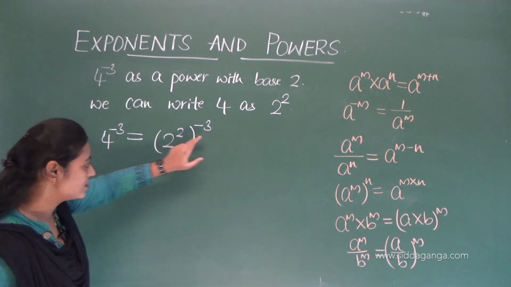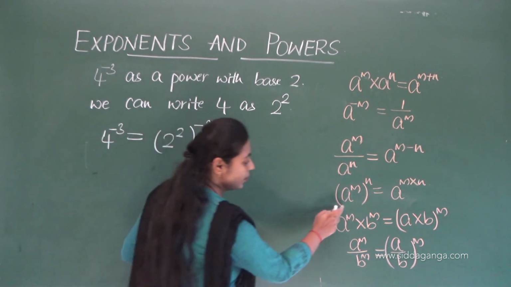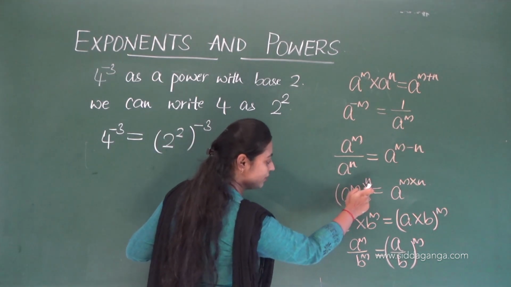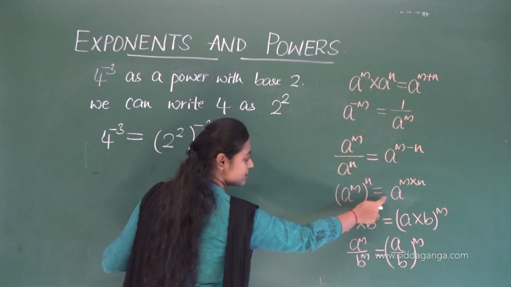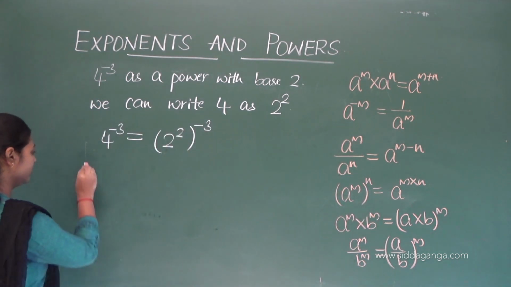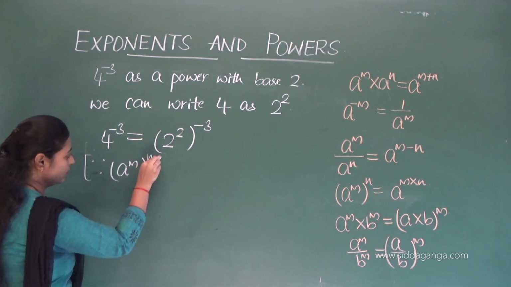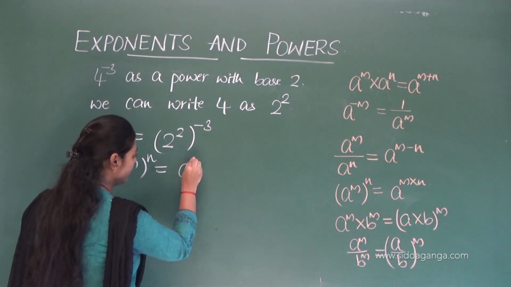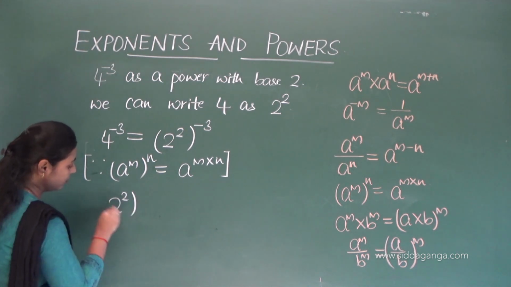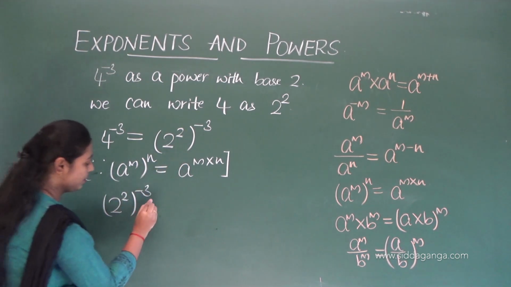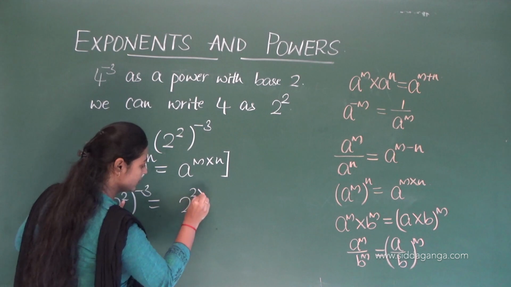The exponent is -3, so -3. We have represented 4 as 2 into 2 or 2 square. So a to the power of m whole to the power of n, 2 square whole to the power of -3. a power m whole power n is equal to a to the power of m into n. Since a to the power of m whole to the power of n is equal to a to the power of m into n, 2 square whole to the power of -3 can be written as 2 to the power of 2 into -3, m into n.